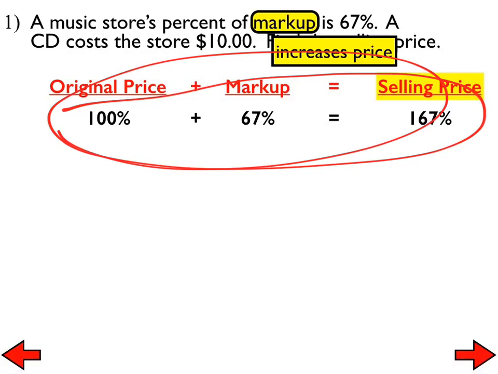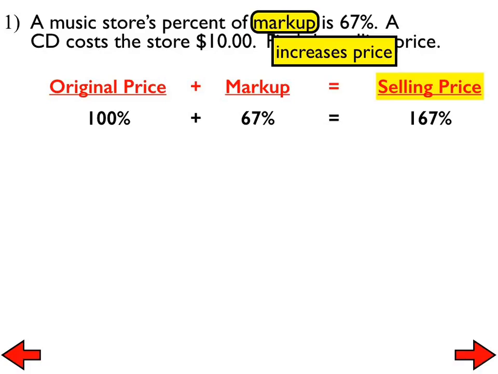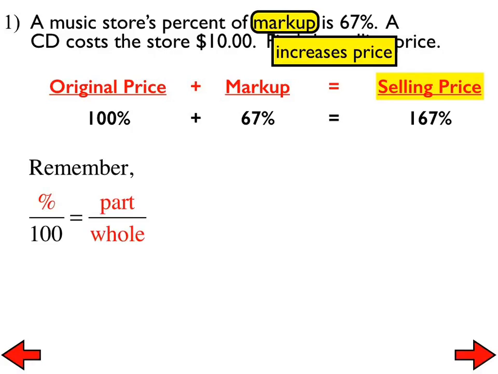Write that down. Write small, because you're going to write a whole bunch of stuff. Now, as a proportion, remember we've been using the same proportion for a while now. Percent over 100 equals part over whole. The percent we're going to use is the 167%, because that's the selling price percentage that we just found.